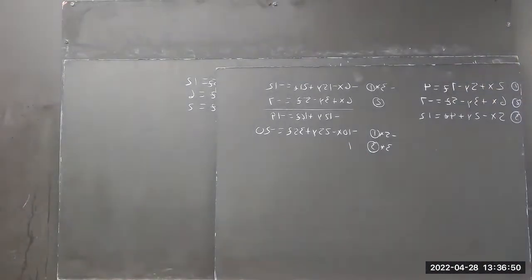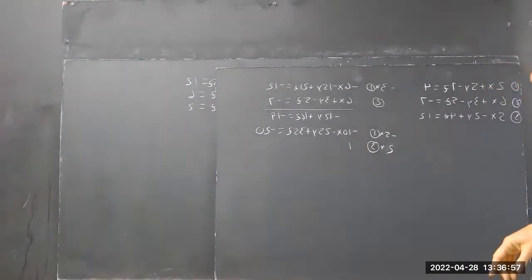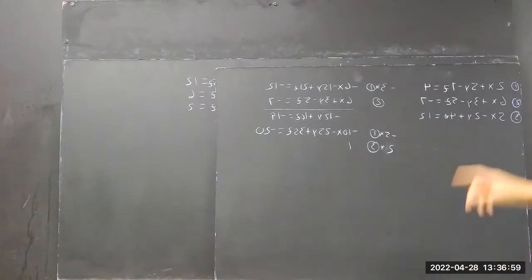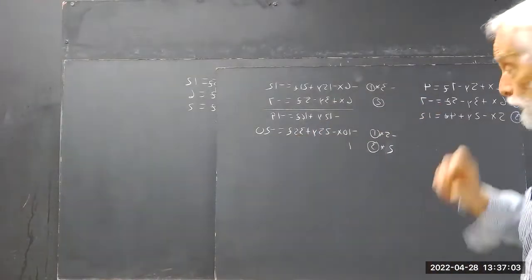Why would I multiply that by 3? 2 times the third equation, sorry. I had 3 for the third equation in my head, and I wrote down 3 twice.